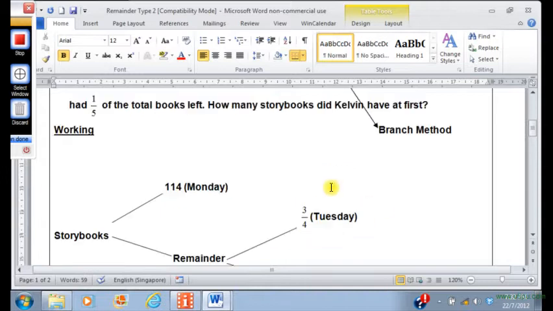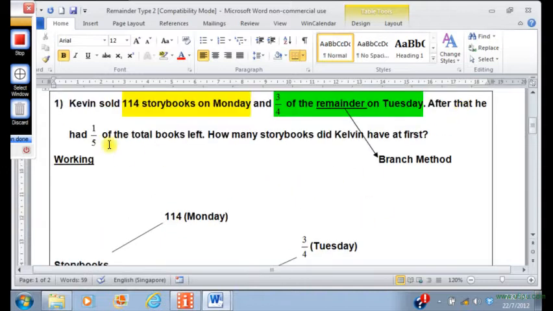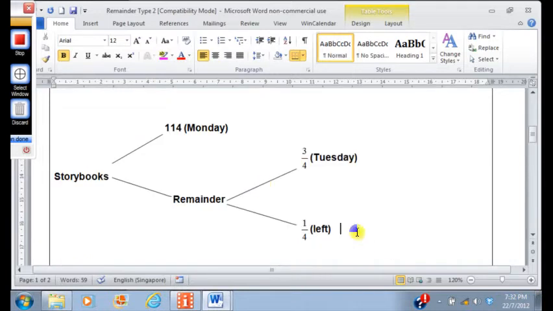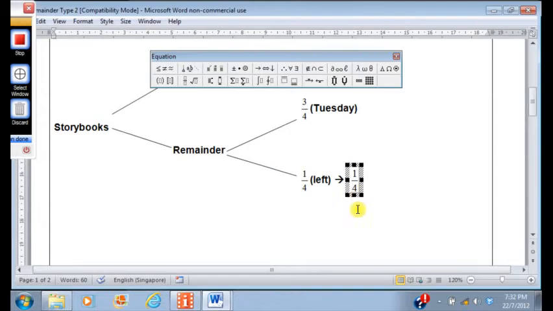But according to your question, I know that after that he had 1/5 of the books left. So this is an important information. That means this one is equal to the same as 1/5 of the total.